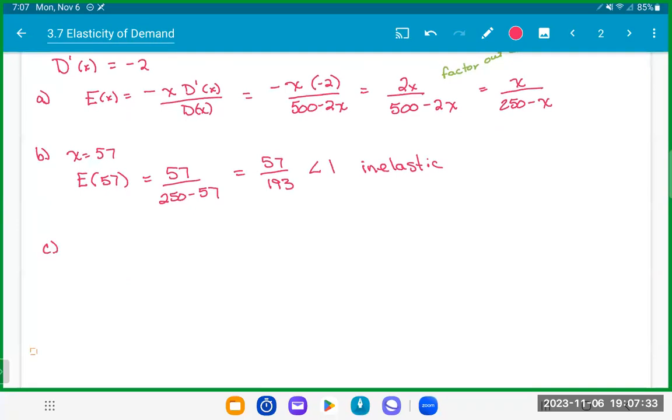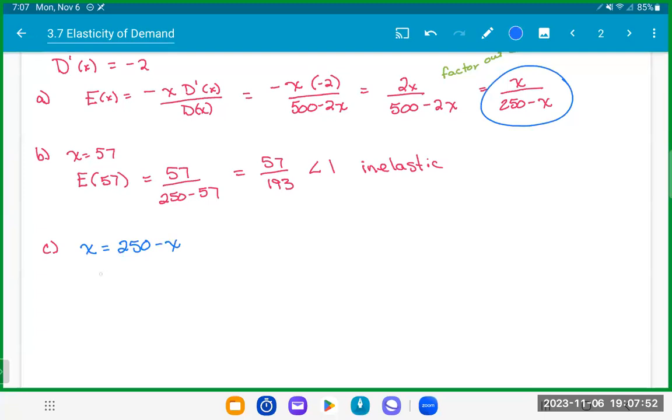Okay, so the third part, again, we're just setting our numerator equal to our denominator. So that is x equals 250 minus x.